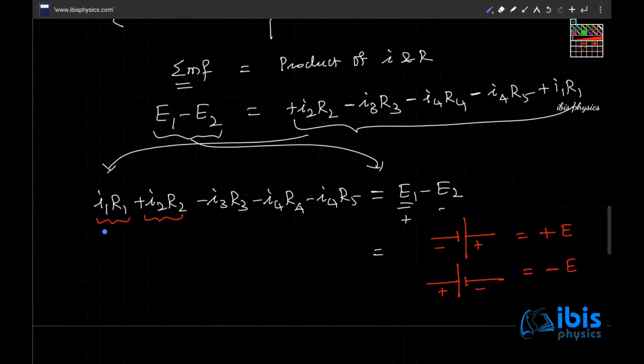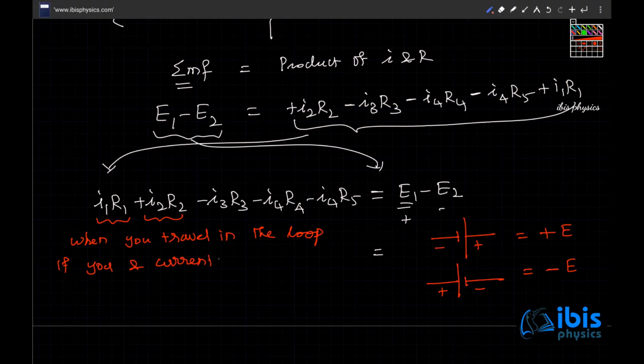So when you travel in the loop, if you and the current are in the same direction, the product IR is positive. That is why this is plus and this is plus.